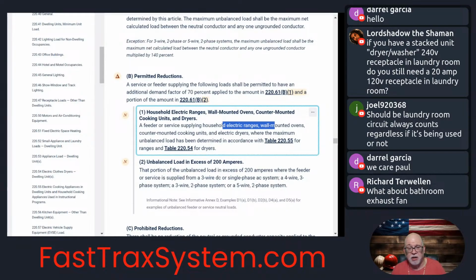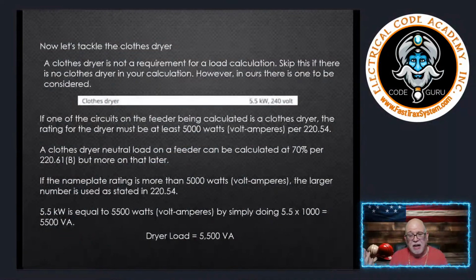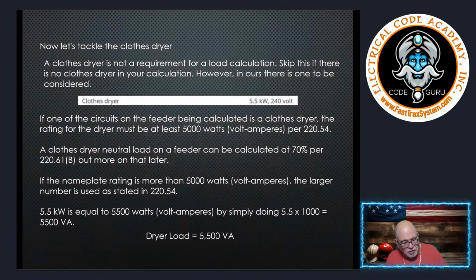So while we're here, we're going to knock out the neutral. Why not get it out of the way since we're here? So I'm going to take that 5,500 and multiply it by 70%, or 0.70. If we convert it to a decimal, always easier to convert to decimal, 0.70. So 5,500 times 0.70 equals 3,850.